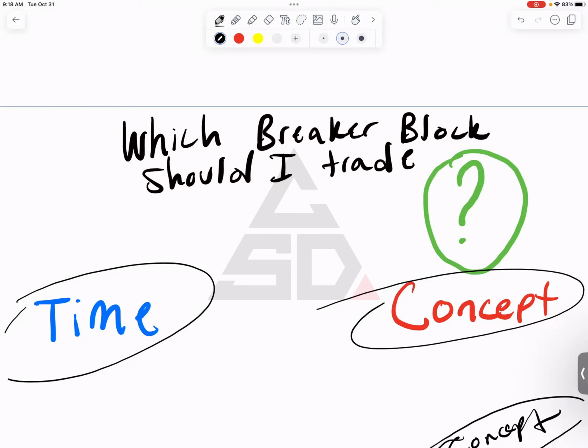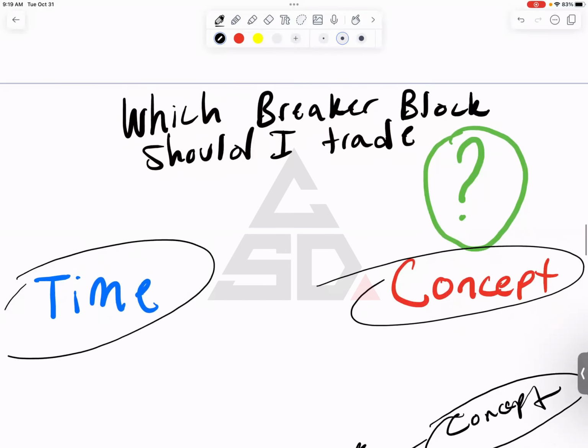The only breakers you should be trading are breakers that happen in time zones, kill zones, a certain particular time. Whatever your trading strategy is, you should have a robotic, mechanical way of trading that actual breaker, and it has to be at a specific time. That's one of the ways you can measure the breakers you should be trading.